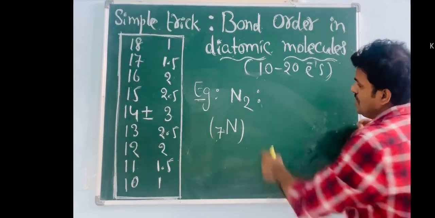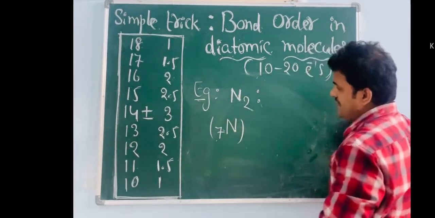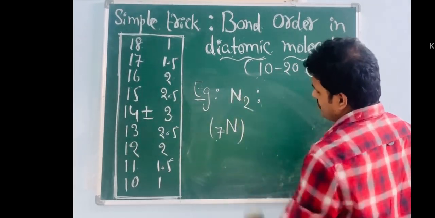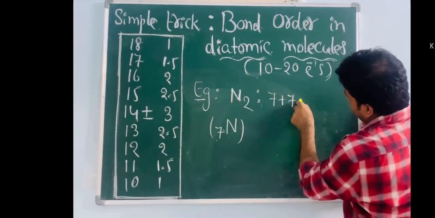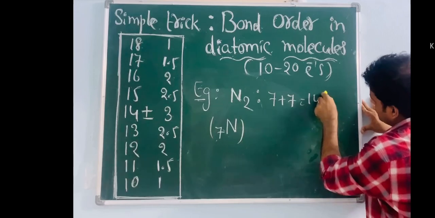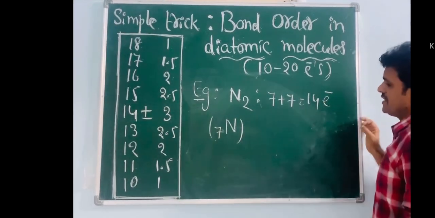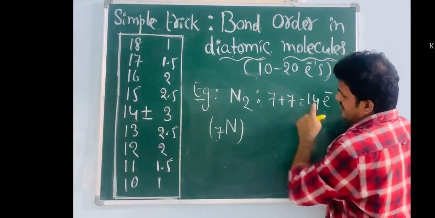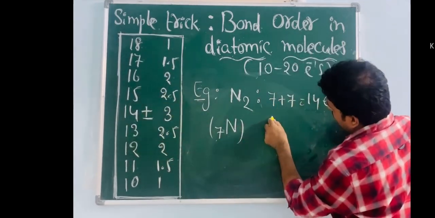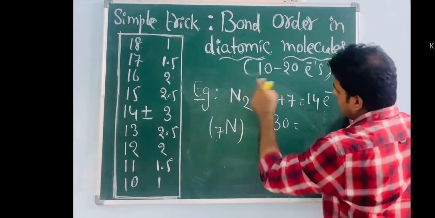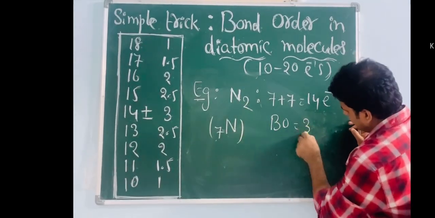Two nitrogen atoms are present in the nitrogen molecule, each with atomic number 7. So 7 plus 7, the total number of electrons is 14. By using our simple trick, 14 electrons indicates bond order 3 for the nitrogen molecule.